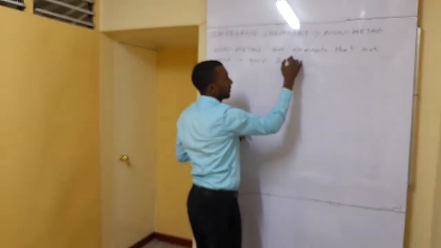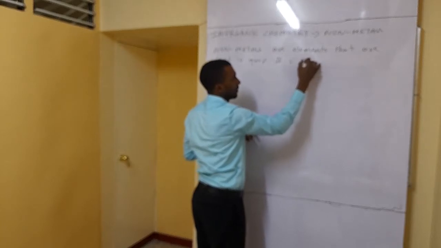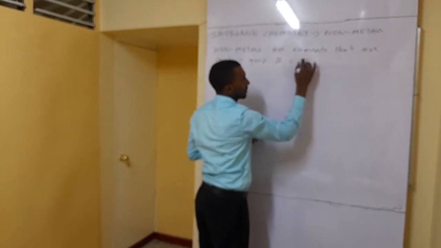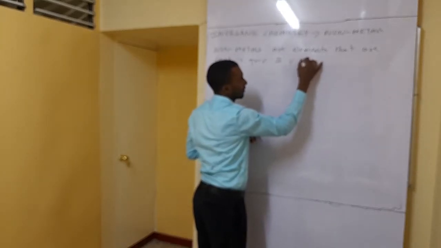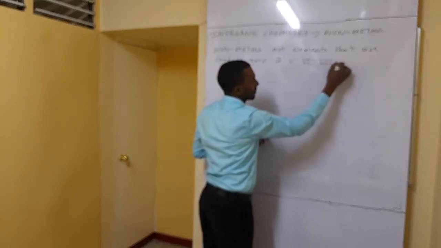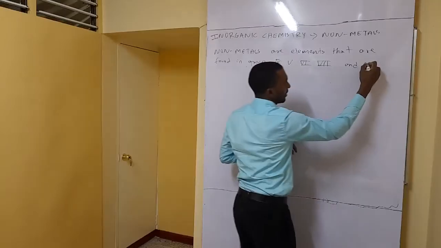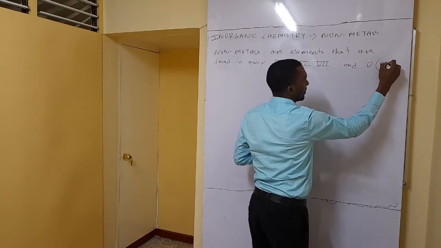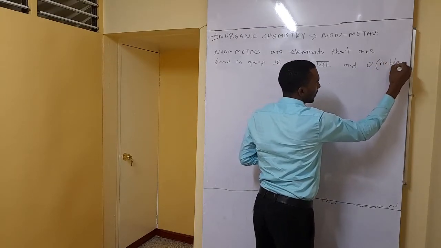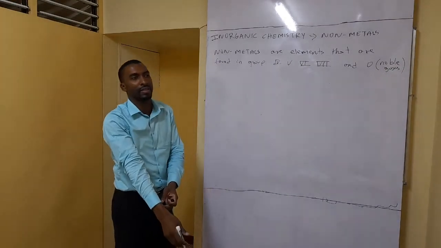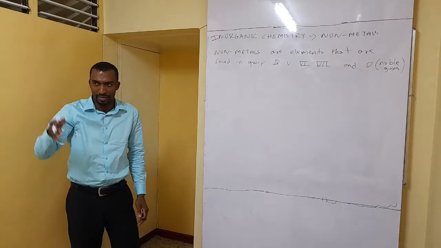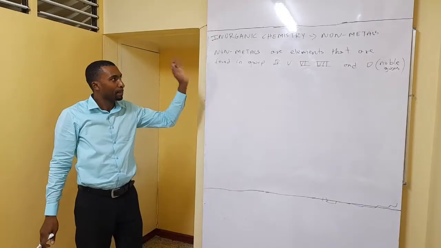And the noble gases in group 0 are also classified as non-metals, such as helium, argon, and those gases, alright?